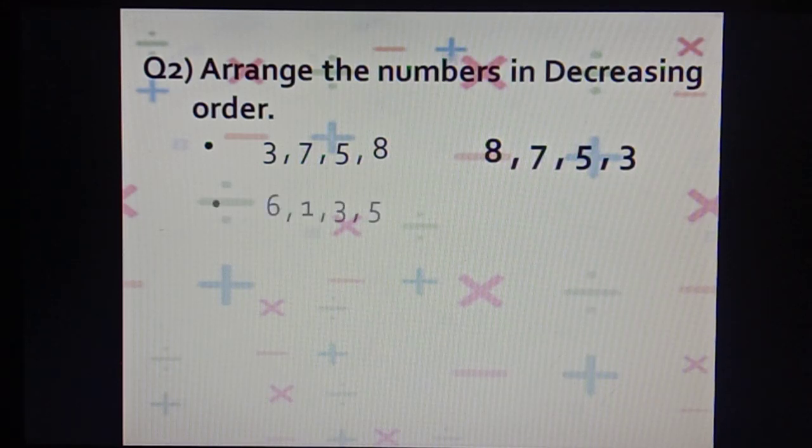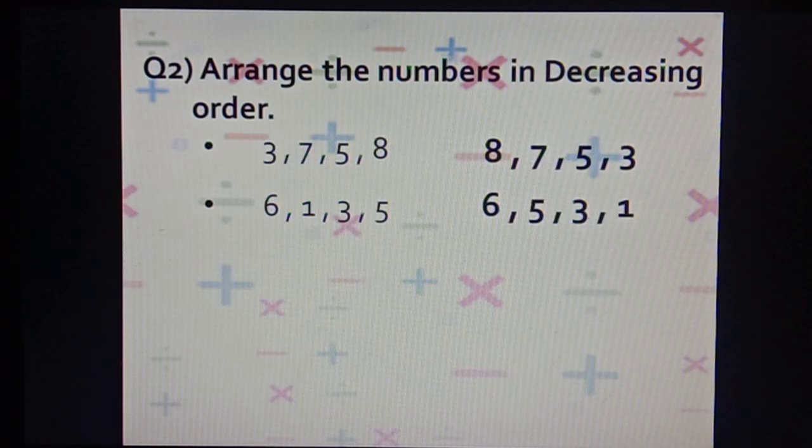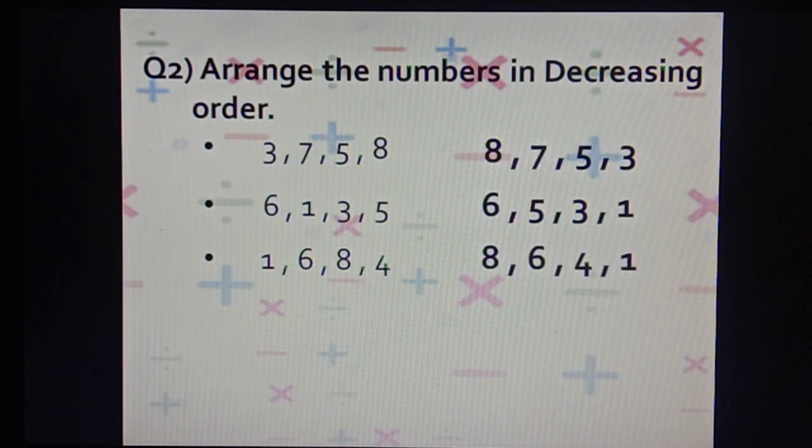In the next question, we have 4 numbers 6, 1, 3 and 5. So the decreasing order will be 6, 5, 3 and 1. In the next question, we have 1, 6, 8 and 4. So the decreasing order will be 8, 6, 4 and 1.